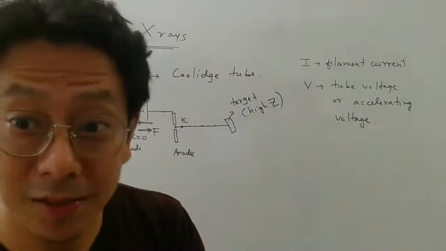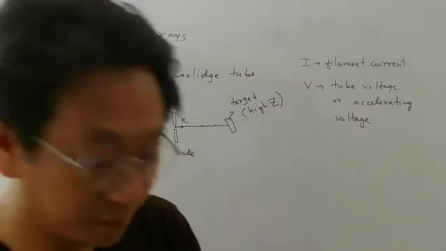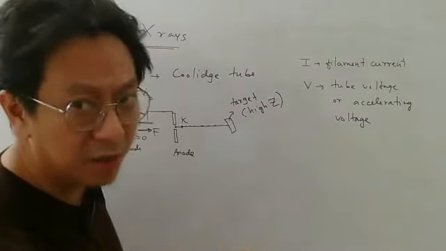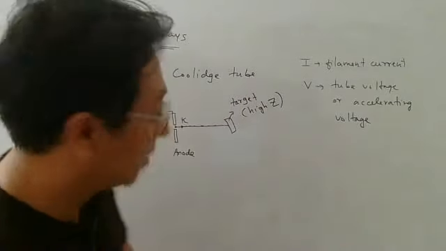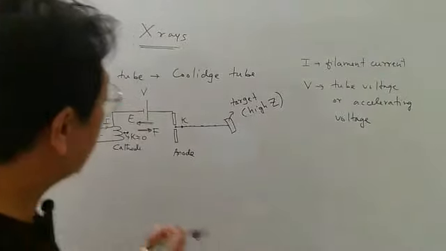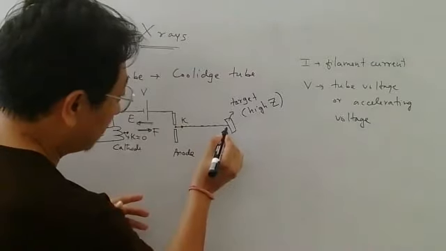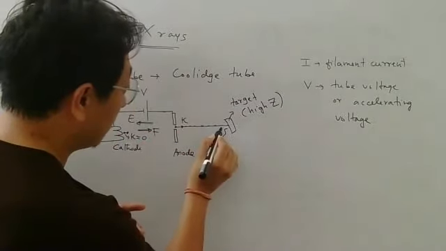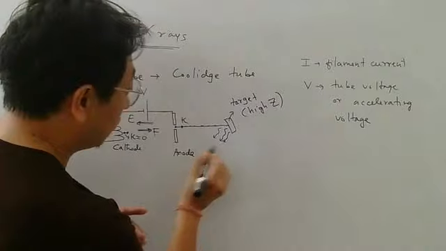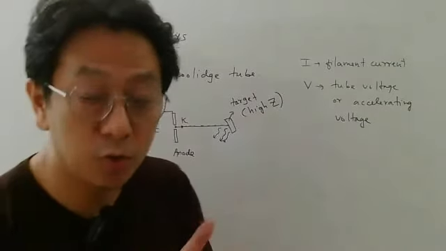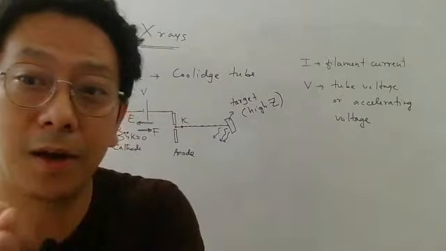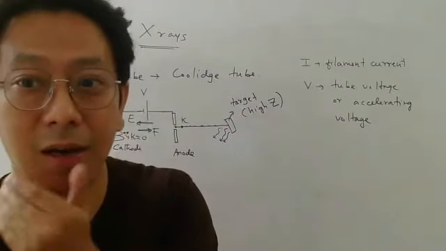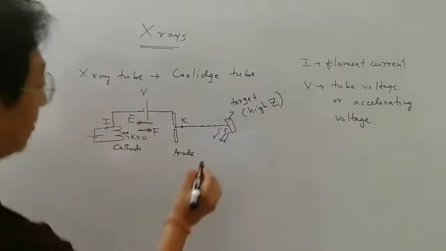Now, where will that energy go? It will go in some other form. You will see that some percentage of that energy will obviously go as heat. Heat means infrared. But if the kinetic energy is high enough, this will emit photons, radiations whose frequencies are even more than ultraviolet. And if frequencies are more than ultraviolet, we call them what? X-rays.